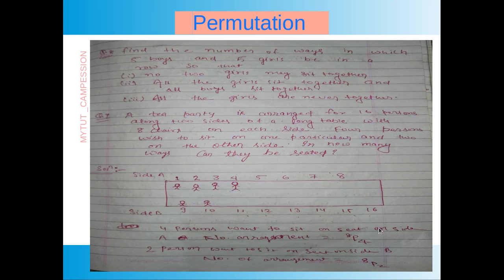4 want to sit on side A. The number of arrangements possible is 8P4. Similarly, 2 want to sit on the other side, so these arrangements are 8P2.